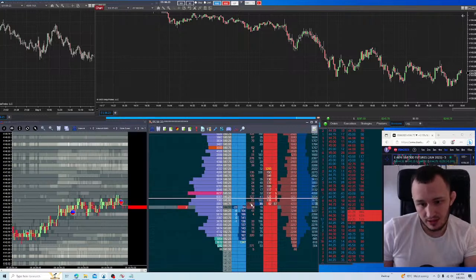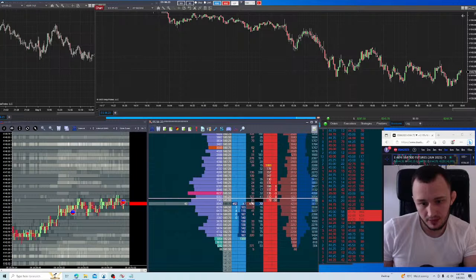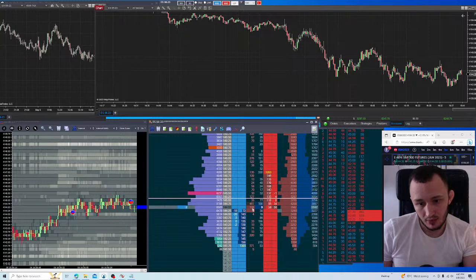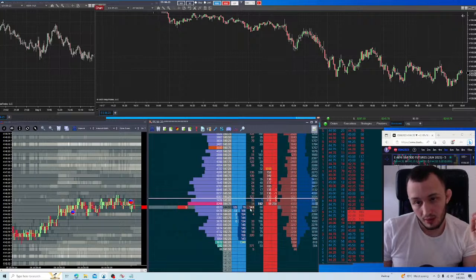We do see some sellers commit here, the 45s again, but the bid is strong. We do have a strong bid here. But the sellers are just relentless. But the bid is taking it. So kind of nowhere lands.